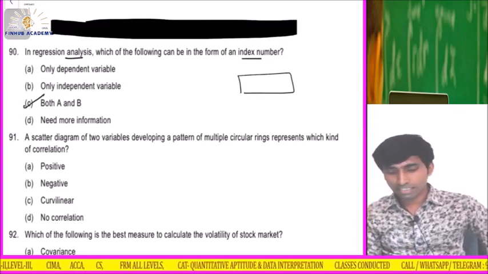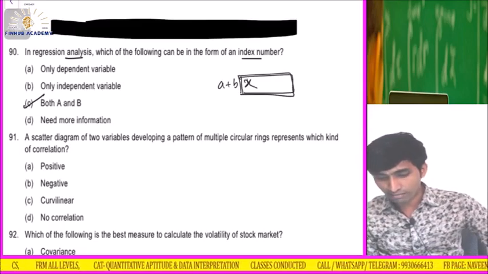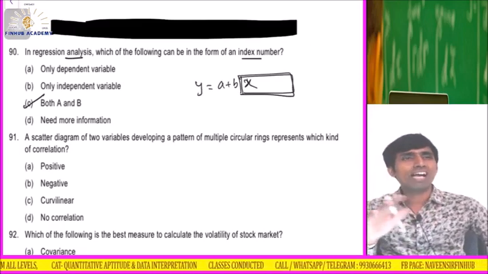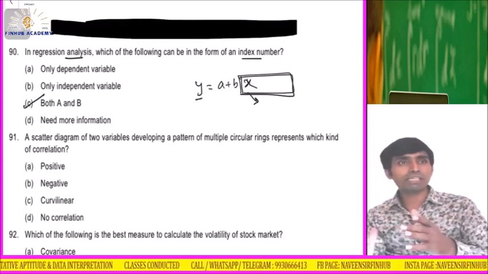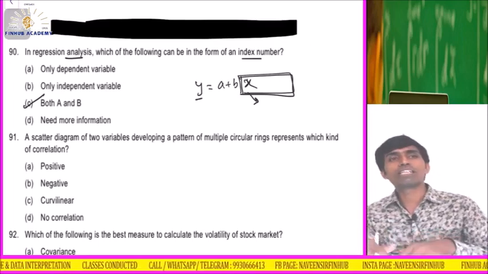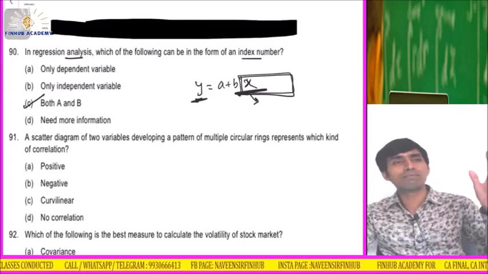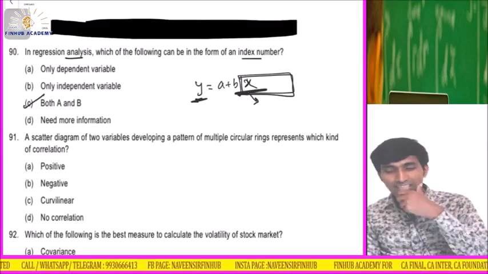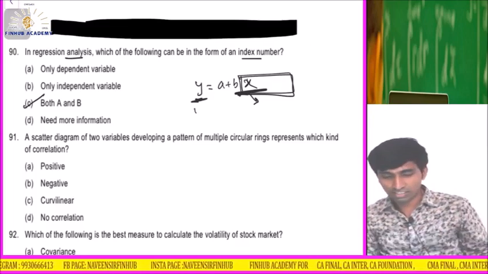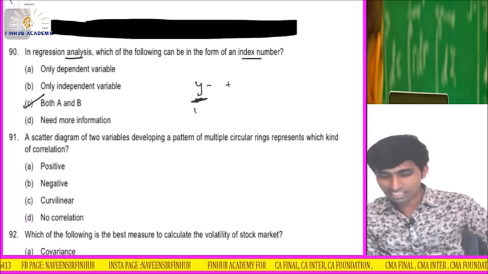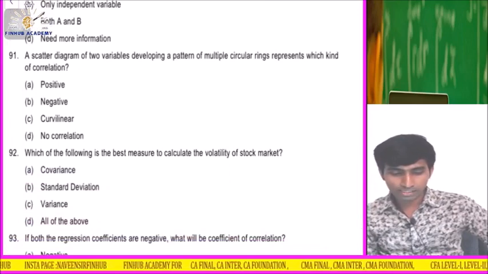Let's say we are doing analysis and we have made one equation, y is equal to a plus b x, and x is an index number, y can also be the index number, but then we have to change the models. We have to take the log of something, if this is a very small number and this is a very big number, index means it will be big. Understood? So 100 and let's say this is 1, 2, 3, 4, so there is a huge gap. So we change the model. It is not there in the syllabus, but both can be. Either y as well as x can be index number, no problem. Dependent as well as independent, y and x both can be.